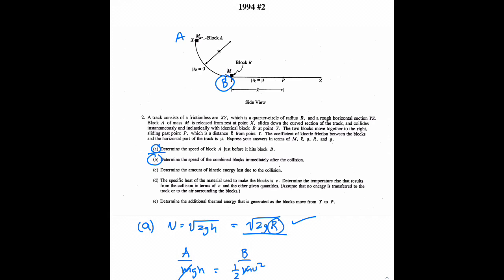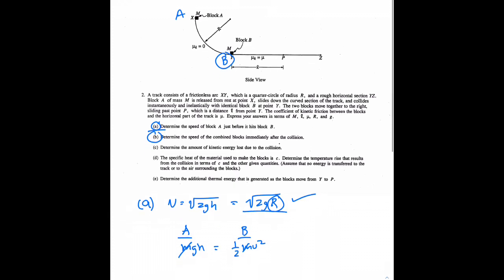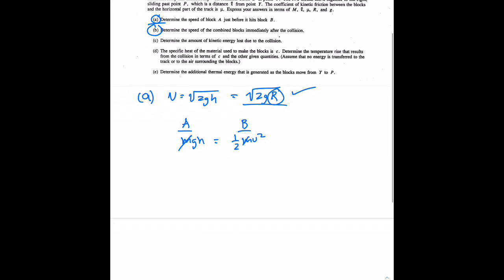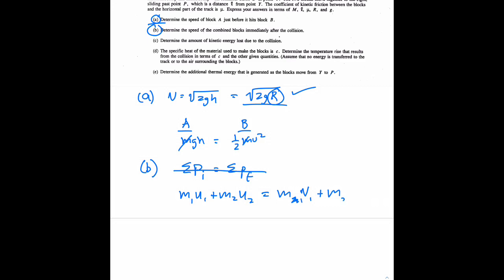Determine the speed of the combined blocks immediately after the collision. Because this collision is perfectly inelastic, we can start with a statement that says the total initial momentum equals the total final momentum. That means that the mass of object number 1 times its initial velocity plus the mass of object number 2 times its initial velocity is equal to the sum of momentum for the objects, so m1 v1 plus m2 v2.